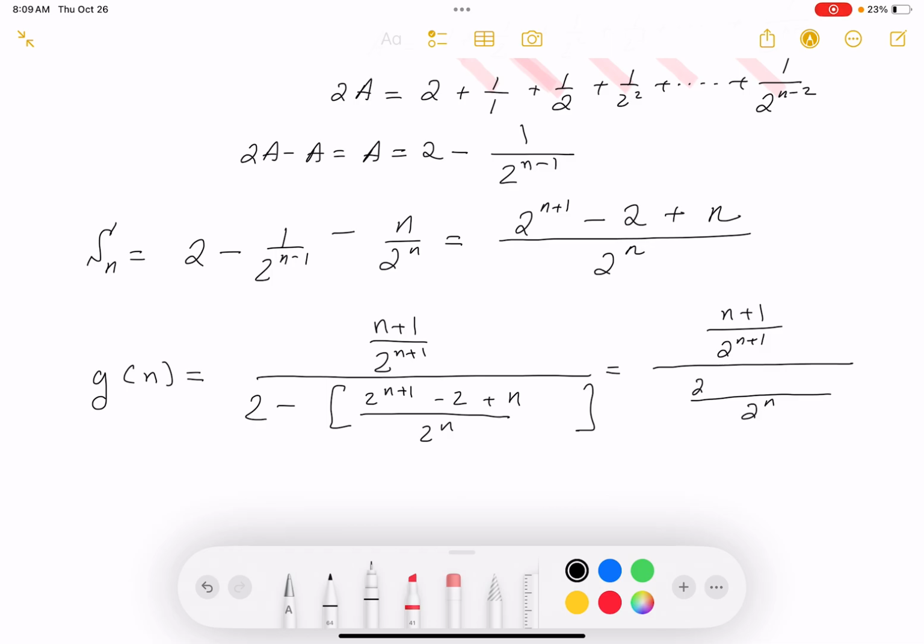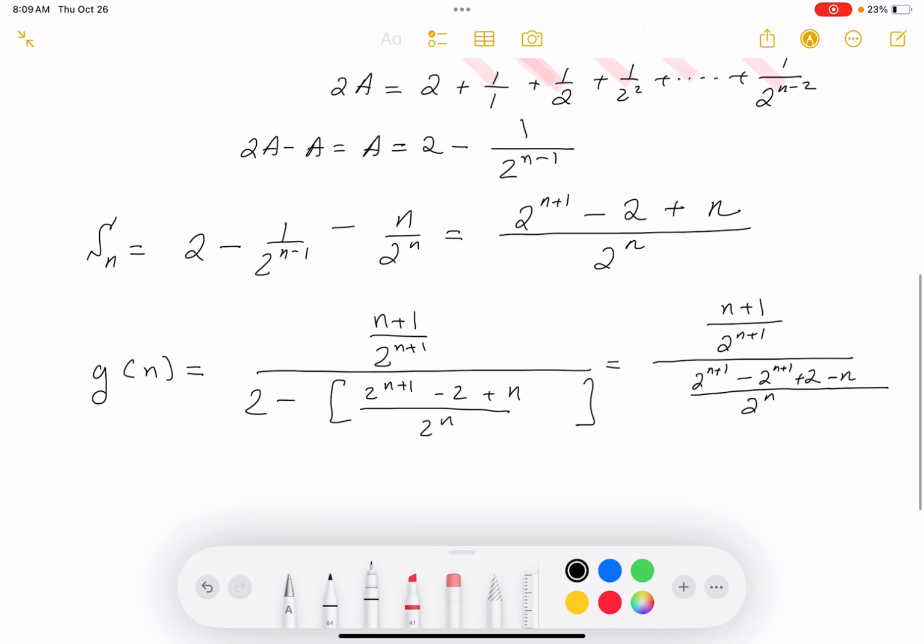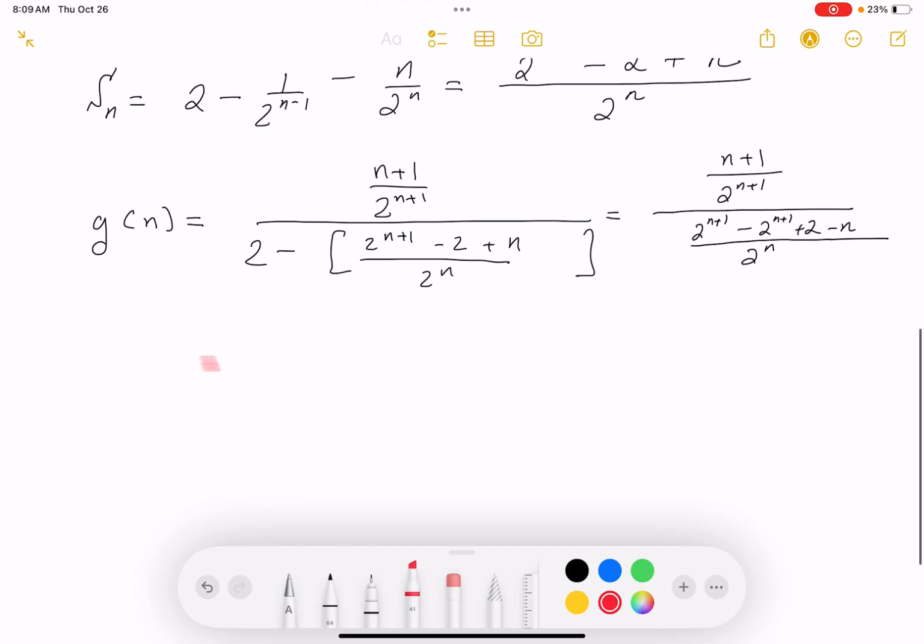And then you get 2 to the n plus 1 minus those terms, which is 2 to the n plus 1, and then you're going to get plus 2, and then minus n. Well, crazy looking, isn't it? So I'm going to multiply top and bottom. Oh, you know what happens over here? Look at that. That just disappears.